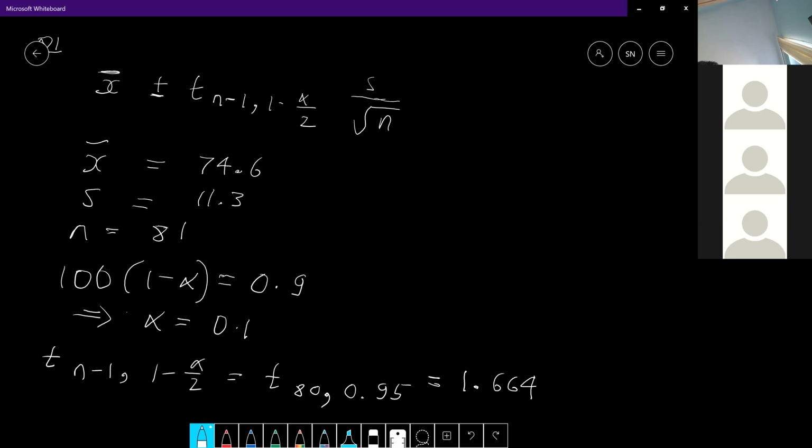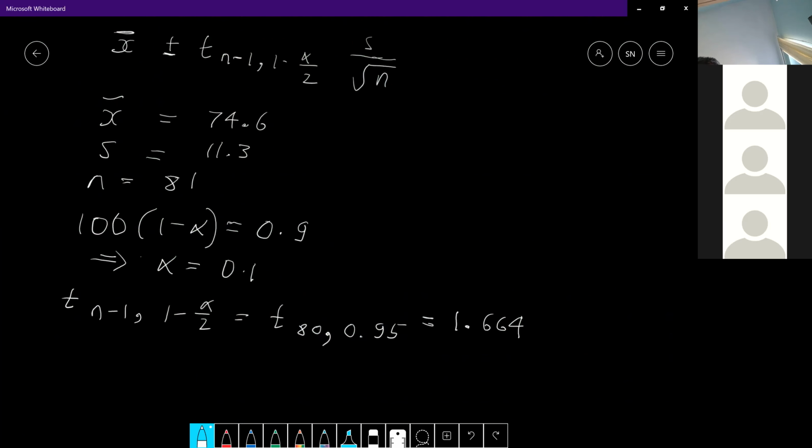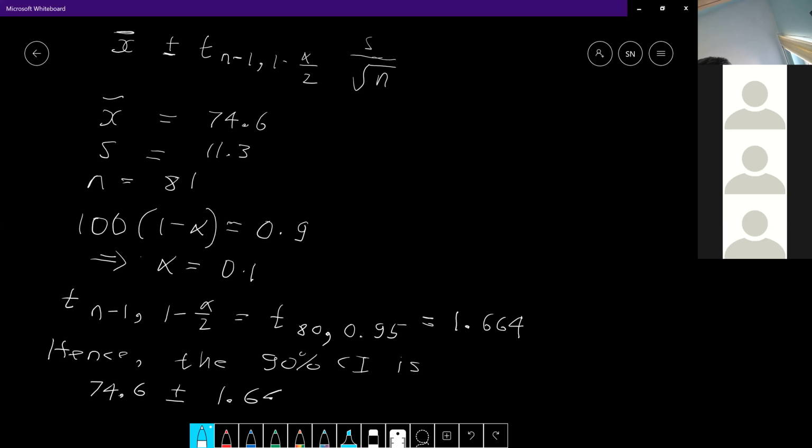So hence, the 90% confidence interval is the following. x bar is once again 74.6 plus or minus 1.6664 multiplied by s, which is 11.3, divided by the square root of 81, which is 9.